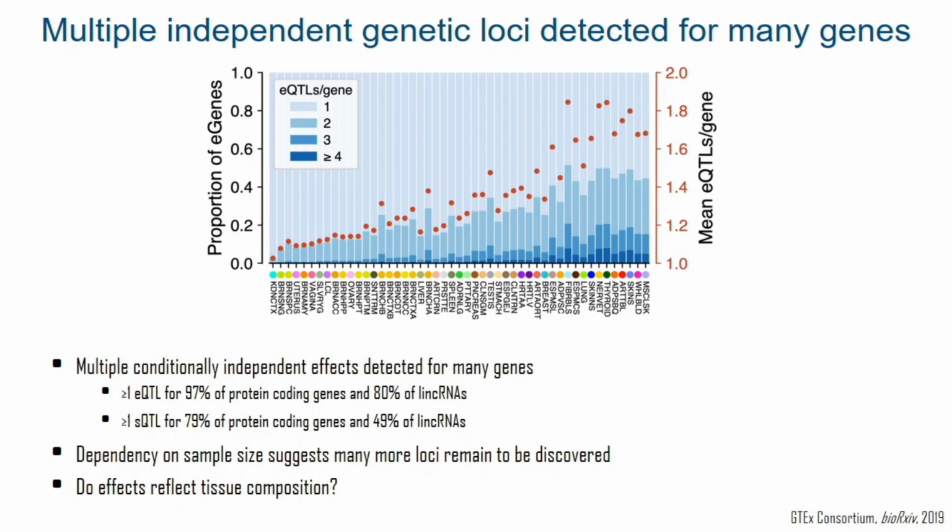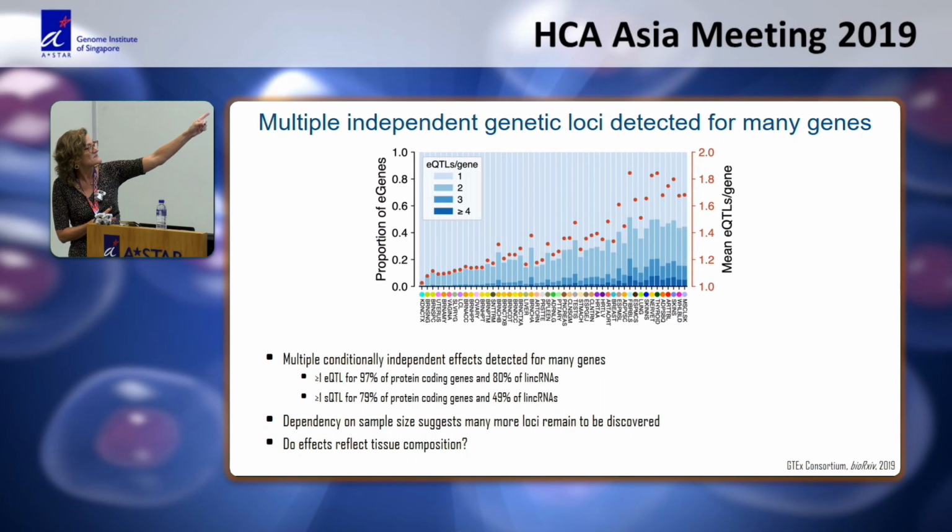So over 97% of protein coding genes and about 80% of protein coding genes have at least more than one eQTL and more than one splice eQTL respectively. And this dependency on sample size suggests that we'll probably discover even more loci if we can go beyond these sample sizes to larger numbers.